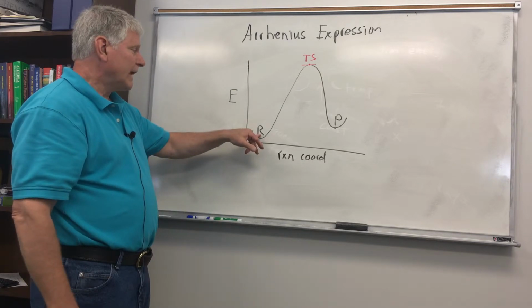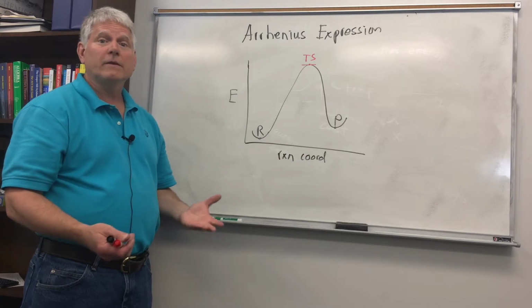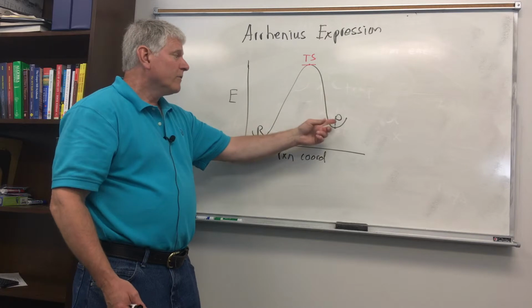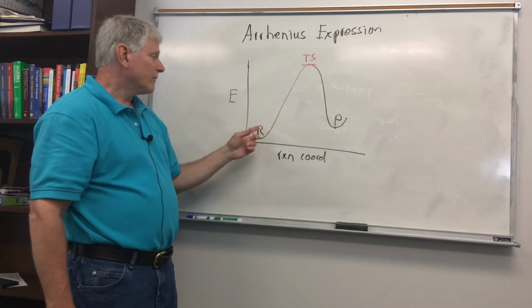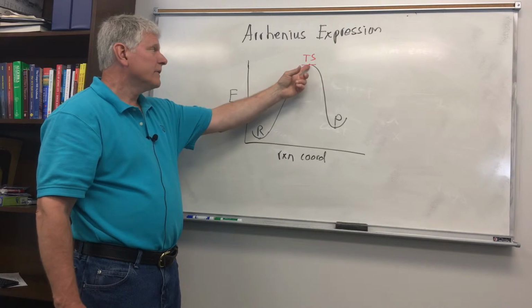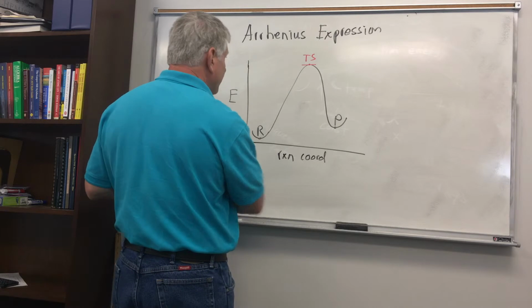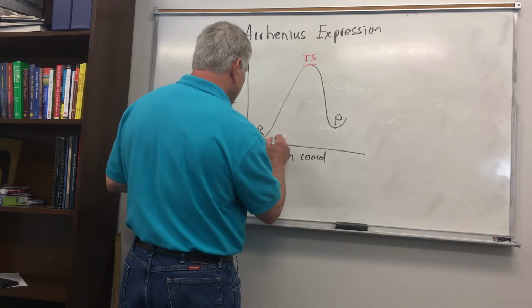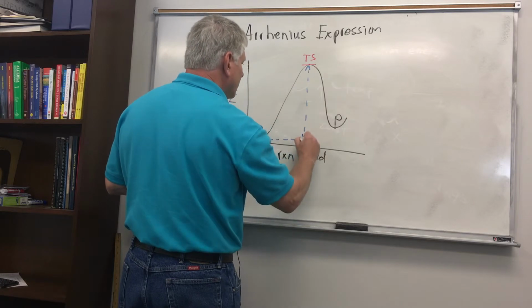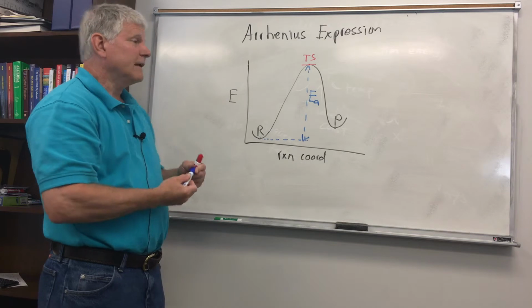We have reactant going to product, so we're changing the molecule. We're going to break some bonds and then form new bonds, going from reactant to product. At the very top of this energy curve is the transition state, and the activation barrier is the energy required to go from the reactant to the transition state.